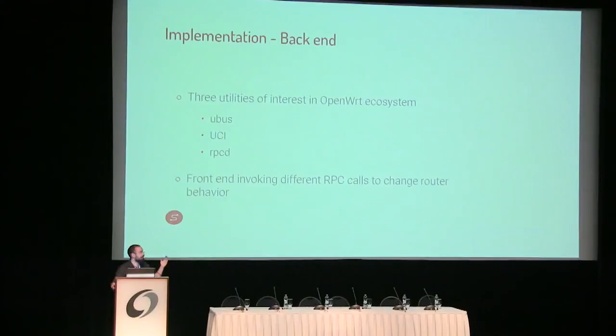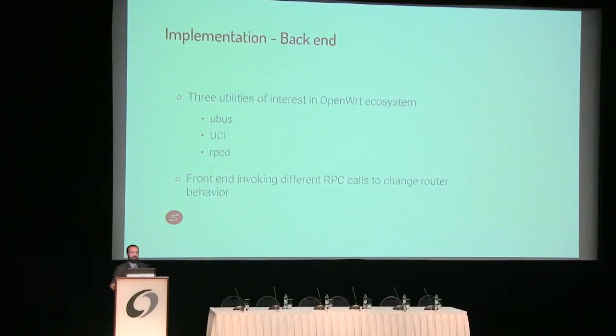First, backend implementation. What is of interest when we say backend implementation in OpenWrt ecosystems? UBus, we all know that UBus is a microbus through which processes can communicate. Then UCI for configuration. UCI configuration files are all located in one place. This even makes it easier to implement.